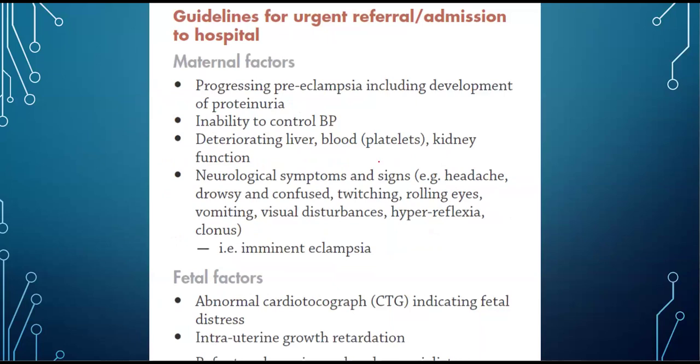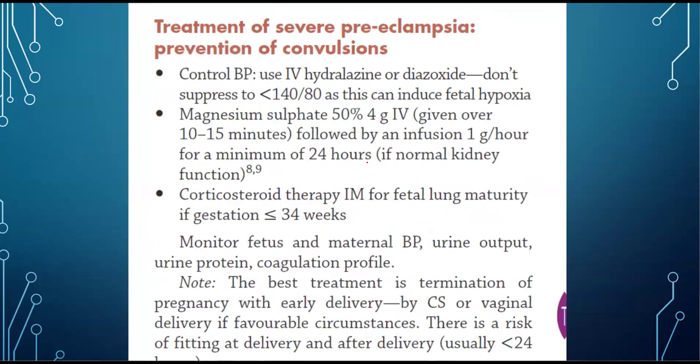Okay, so let's talk about a few other things. Treatment. So first of all, when you get a patient with preeclampsia, you need to first find out, is it a mild preeclampsia or is it a severe preeclampsia? That's the first thing, because the treatment is different.